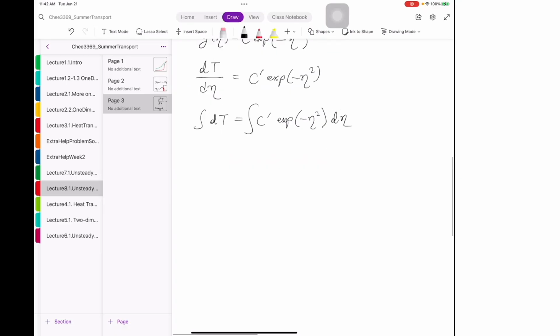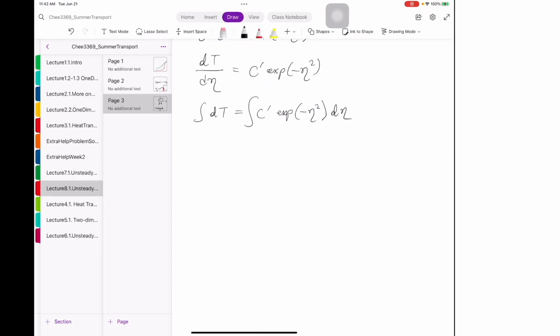Okay. And then we know that at eta is equal to 0, let's use eta as both the dummy variable and the constant number. For chemical engineering students that should be fine. Maybe it might be bothering for math students, but let's do it this way. Probably you know what I mean when I say eta is equal to 0, and when I use the same eta here. But ideally, you should use a different variable in both cases.